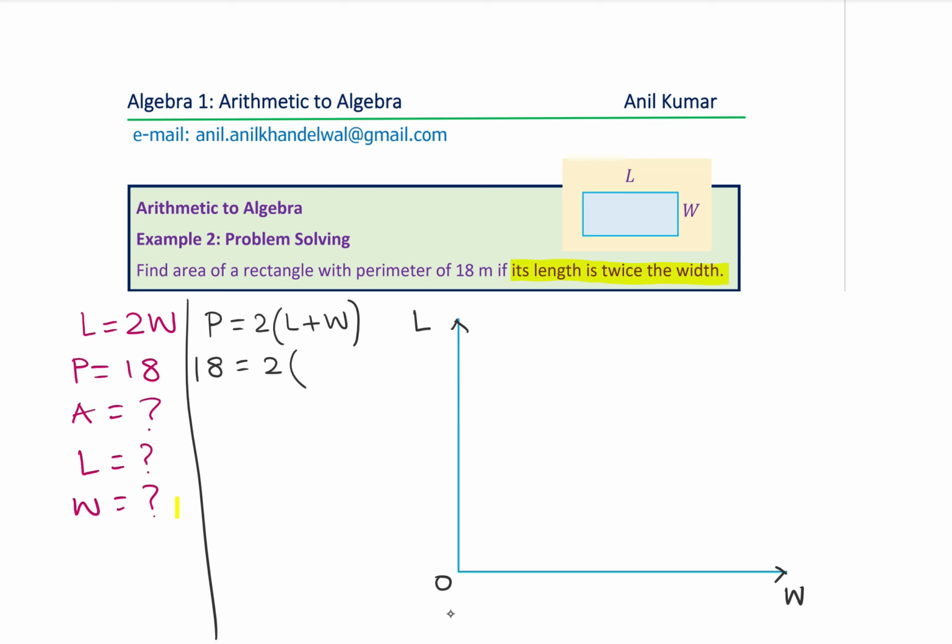That means length is twice width. So we'll write this as twice width plus width. Correct. So what we have? We have 18 equals twice 3w as we did earlier, right? So we have 18 equals 6w, right? And we can find that 18 divided by 6 is width, and that is 3.